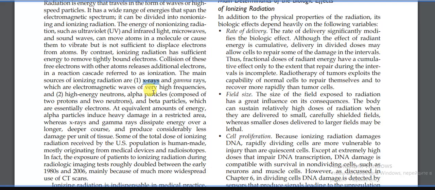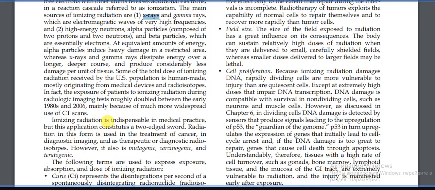Alpha particles are composed of two protons and two neutrons, and there are also neutrons themselves, and beta particles, which are electrons. And you see all of them, in the same way, cause ionization of some elements in our body, and this ionization causes damage to chemical structures in very deep parts of our body. So let's talk about this.